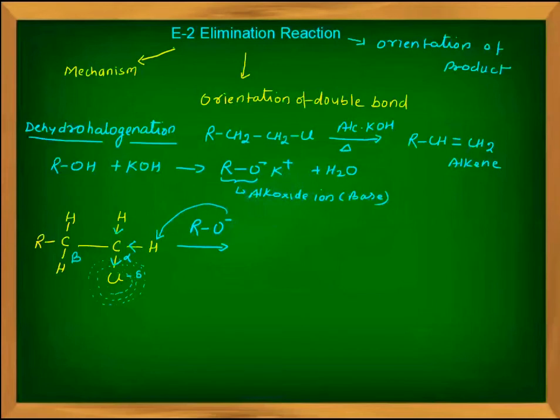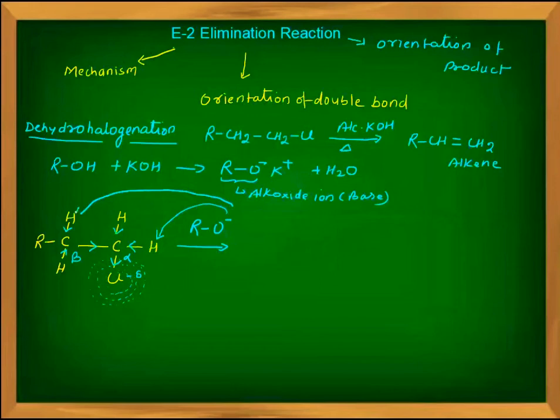In the second possibility, this carbon also takes the electron from the neighboring beta carbon. So the electron density around this carbon also decreases, and this carbon takes the electron from the beta hydrogen. So the beta hydrogen also gets a partial positive charge and becomes weakly acidic. So the base may also abstract a beta hydrogen.